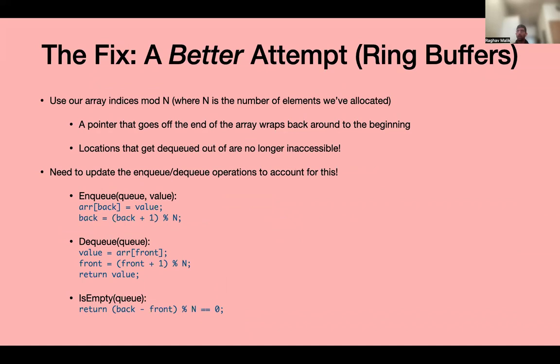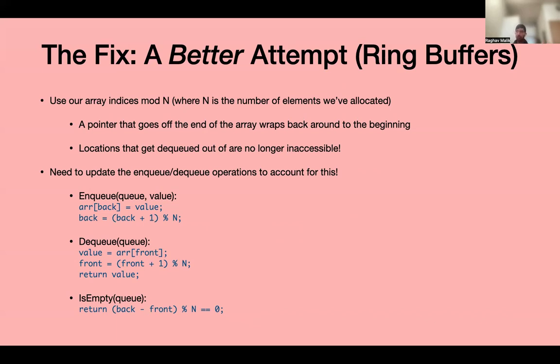So front could move up to 2, back could be incremented around to like 7 or something, and they would still be equal mod n because 7 mod 5 is still 2, right? So we have to put mods everywhere basically, but ring buffers kind of fix this problem.